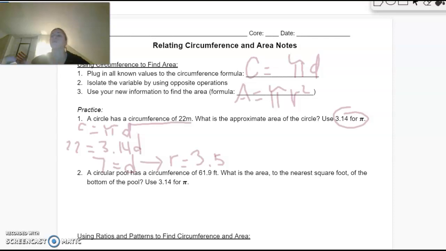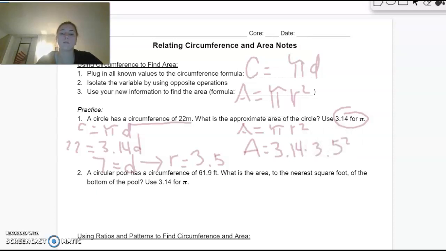All right. So now when we're looking for the area, we know area equals pi r squared. Okay, so we have our area. We're using 3.14 in this case, so we have 3.14 times 3.5 squared. Okay.